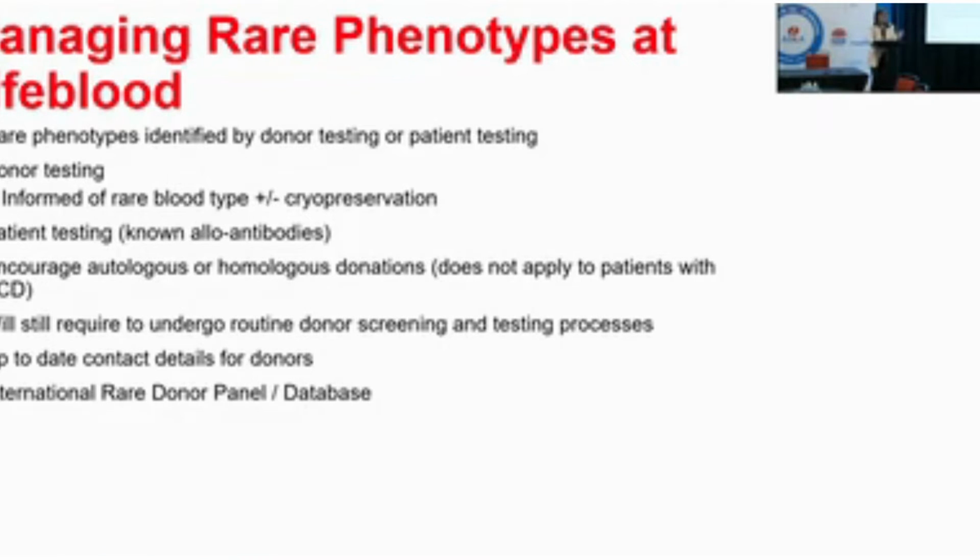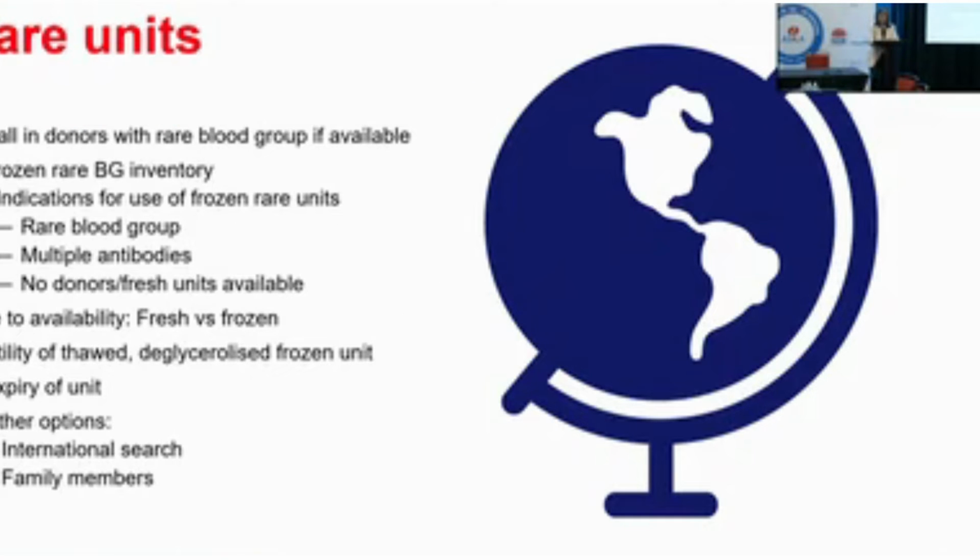They all have to undergo normal routine screening tests, and for our donors we want up-to-date information, especially contact information, because we may ask them to donate for a patient specifically. Then we also have an international rare donor database where we can get rare units.